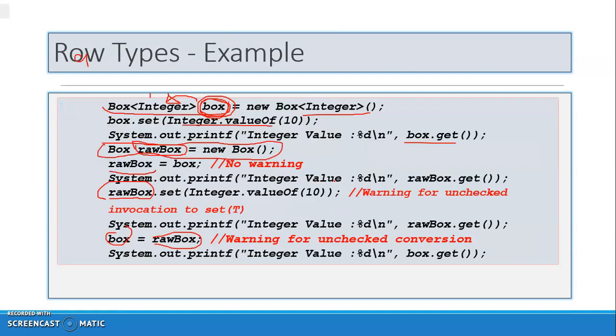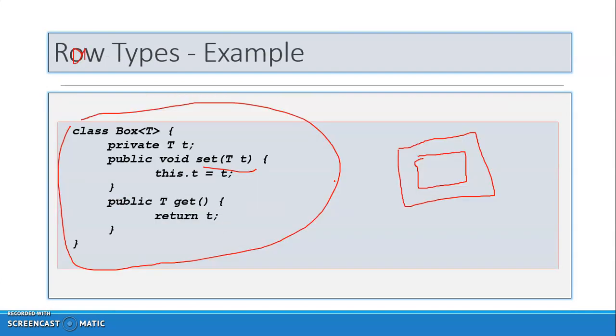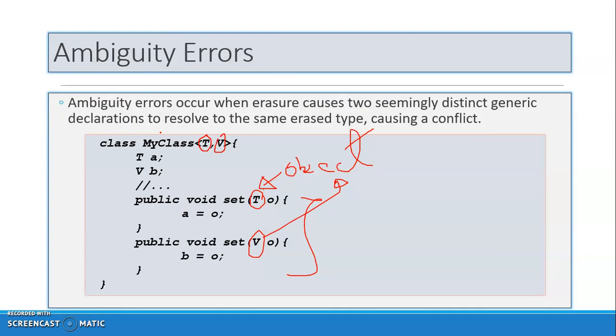If you have a member whose type T has been defined by the class, then you cannot have this method as static. You cannot have static T get. No, it's not possible, because T is defined by the class. So that has to be associated with instance methods and not static methods.